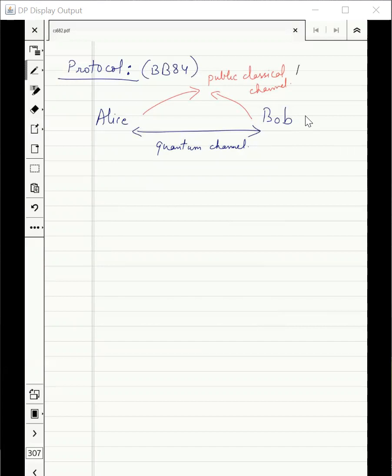One way to think of this is a newspaper. This is the newspaper, and the quantum channel is, how should I say it, a quantum phone or something. When you talk to your friend on your phone, you don't think that it will be heard by other people. So this is the quantum channel. The objective is that you will be able to share a secret key, and if someone here, Eve, intercepts the message, we will get to it.